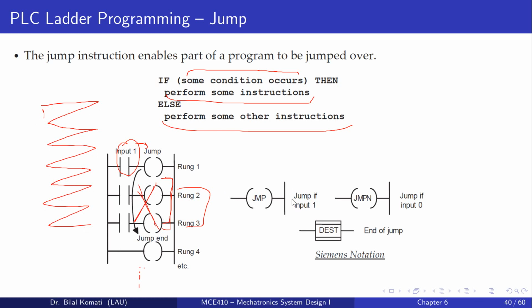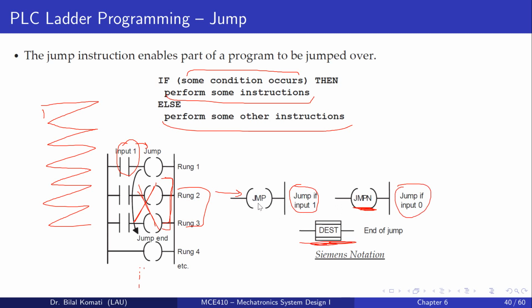So in terms of the Siemens notation, here we have the jump if input one. Once this one is activated, the jump will be executed, and this is the end of the jump. Or jump not: this is the jump if not, and this is the end of the jump.